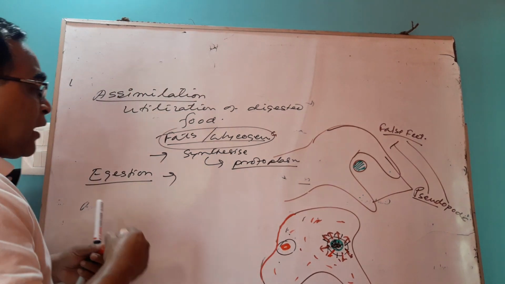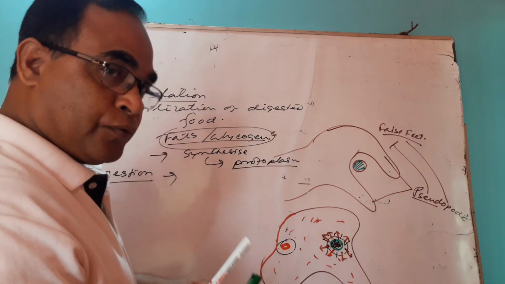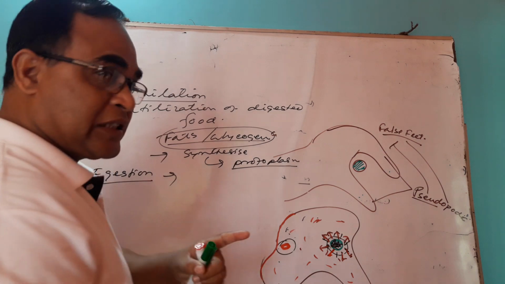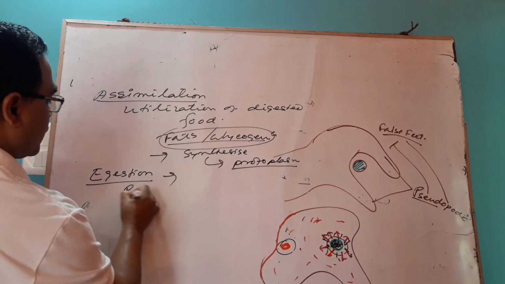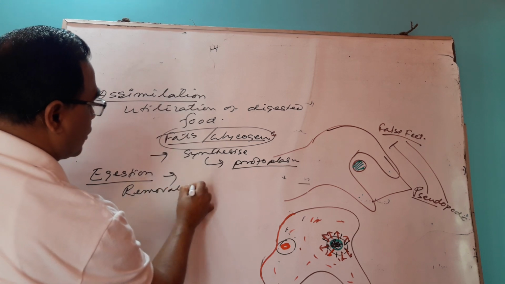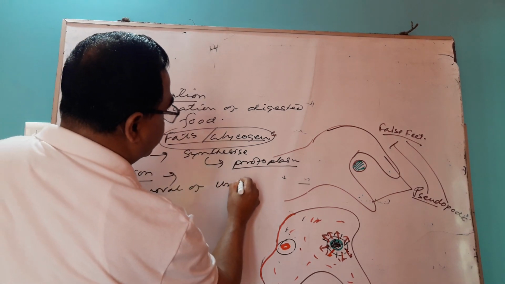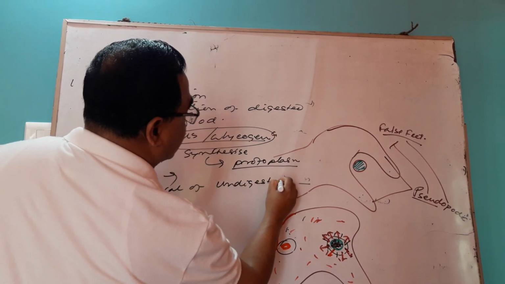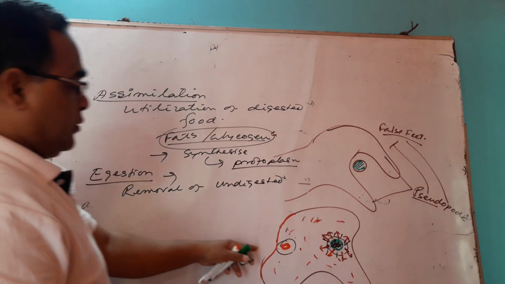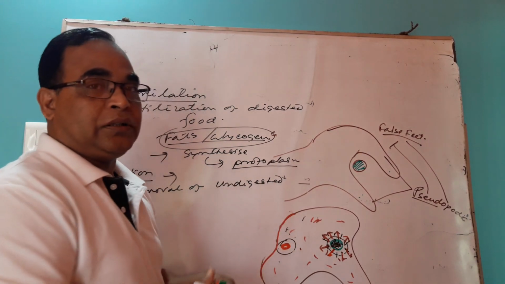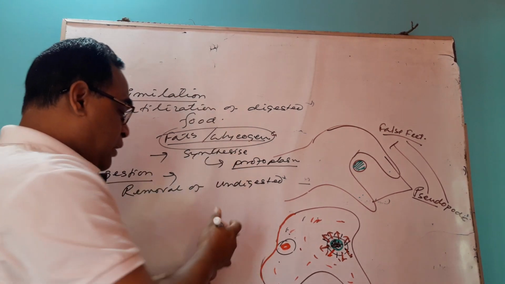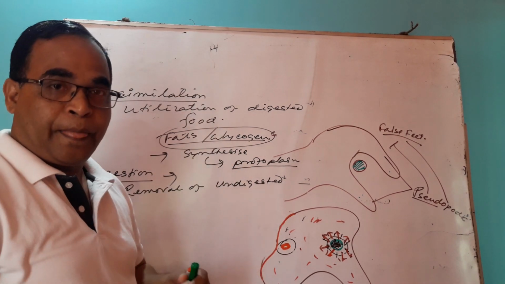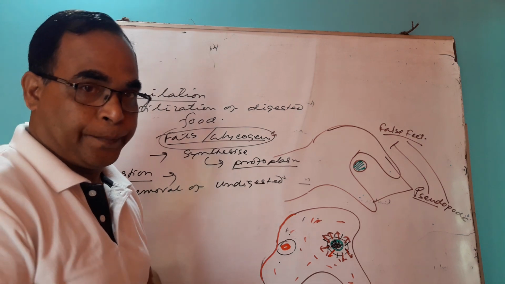Expelling out undigested food is called ejection, and this is again performed by the cell membrane. So it is removal of undigested food. This is done from anywhere, but it is through the plasma membrane. So this is called ejection, and this is how amoeba performs its holozoic nutrition.